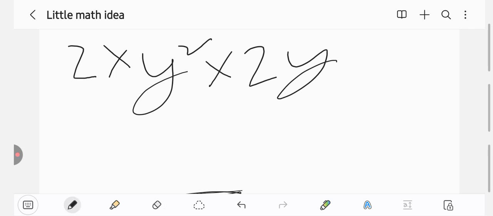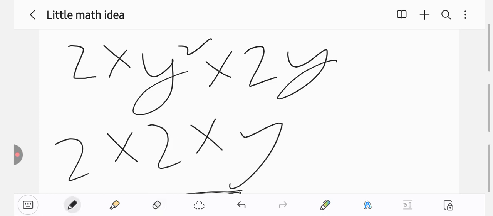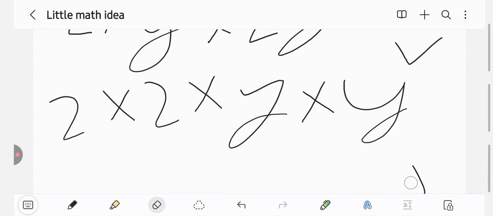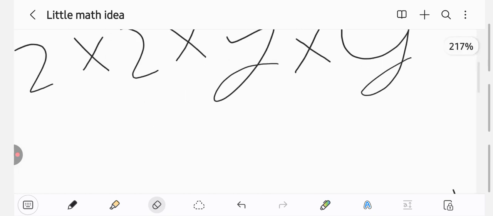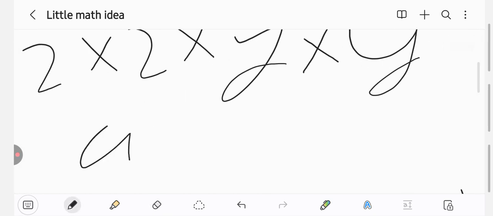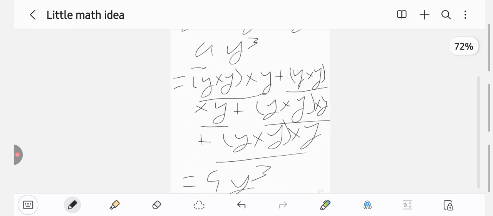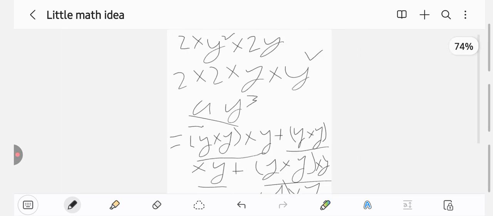Group the terms, 2 times 2 times y squared. Now I'll just write the result. 4y cubed. Look, same answer, same method, just understood fundamentally.